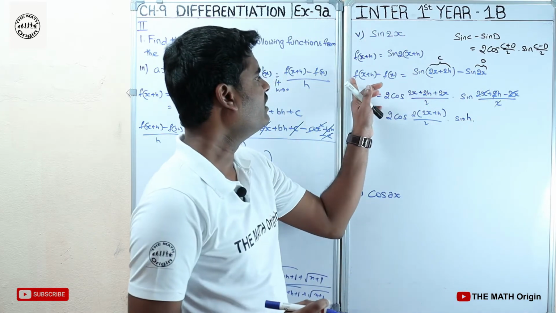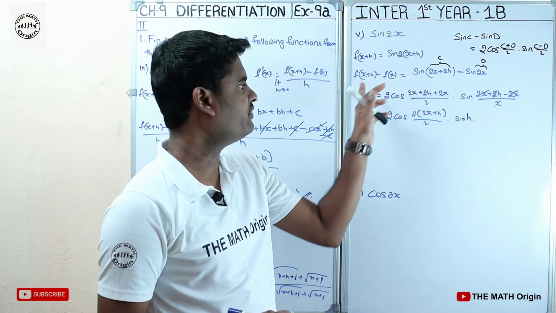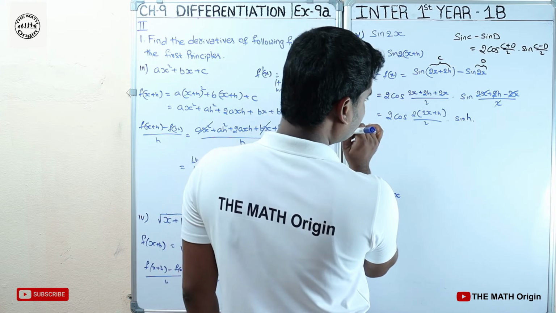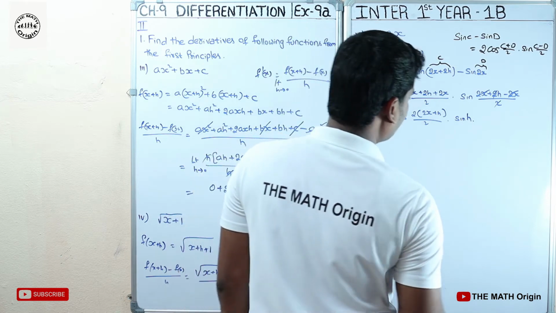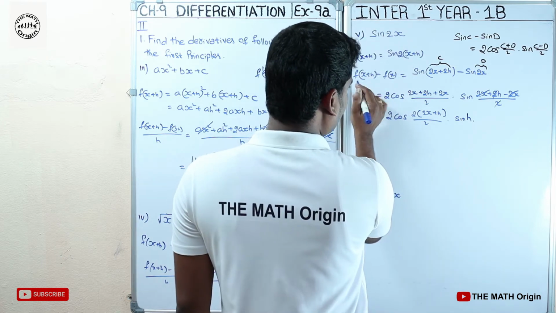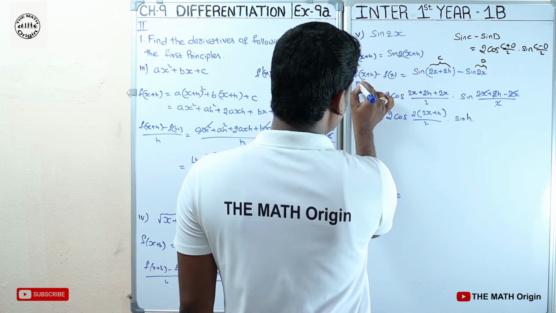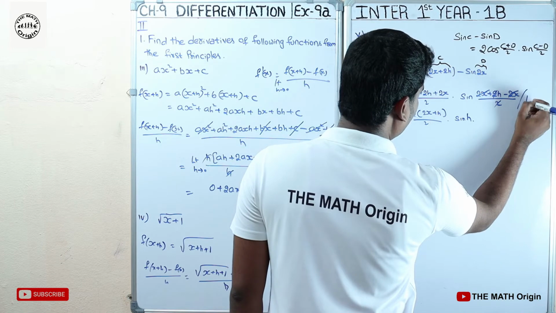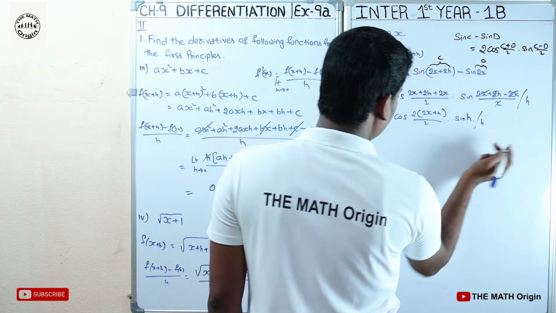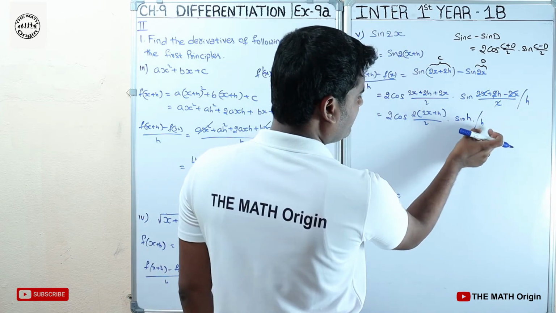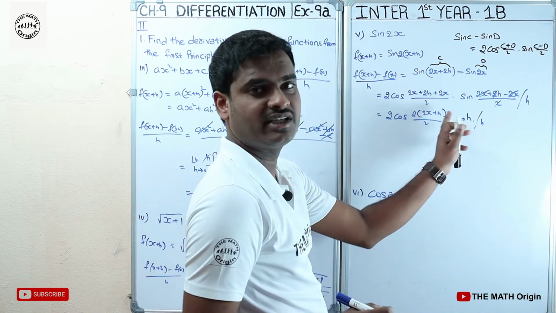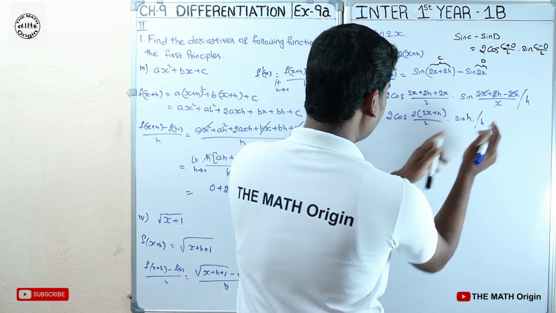Okay, now we got f of x plus h minus f of x. Also we will be having the whole divided by h. If you are taking it like this, whole divided by h, here also whole divided by h. Now I will apply this h only to this value, because in the numerator everything is multiplication, so I will take it only for this.